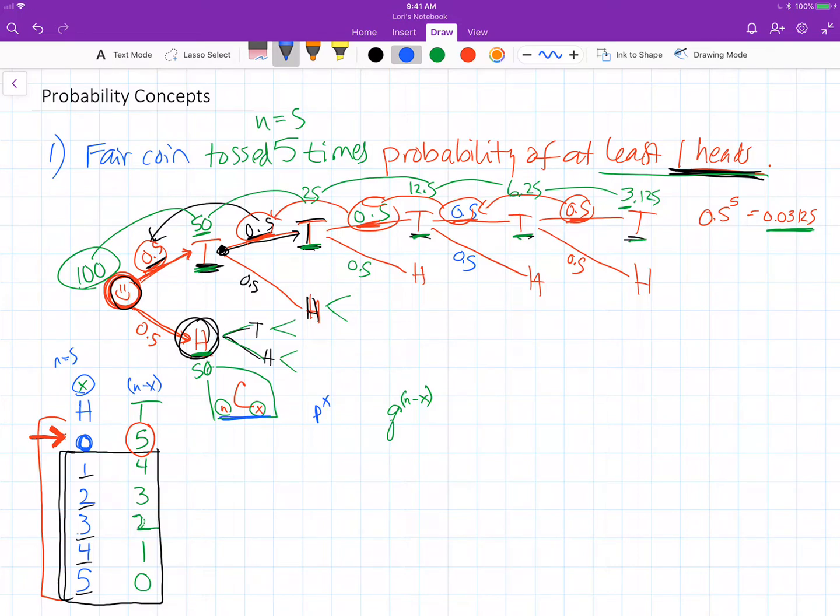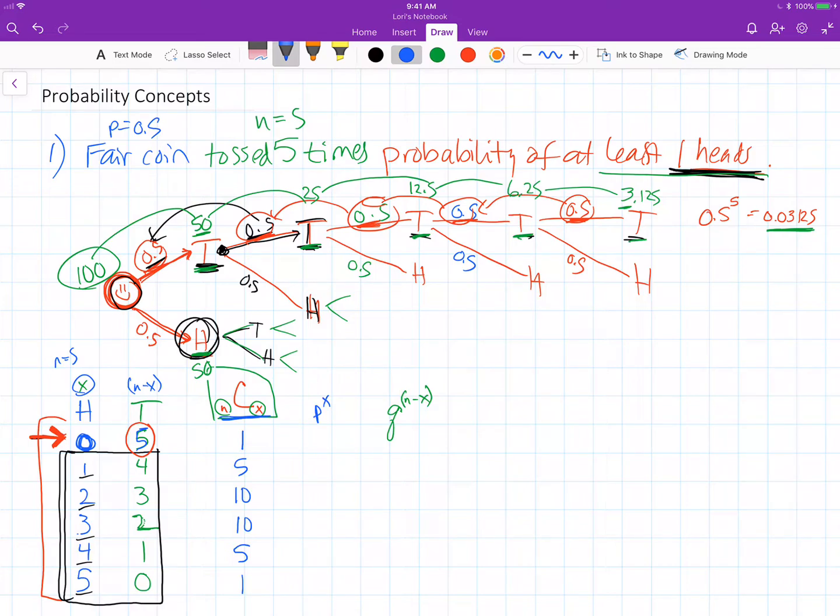But the choose coefficient for this first row, where x is equal to 0 and n minus x is equal to 5, the ways to possibly do that, there's only one. Here we have 5, 10, 10, 5, and 1. And this is symmetrical because of our fair coin, where the probability is equal to 0.5. It's equal to half.